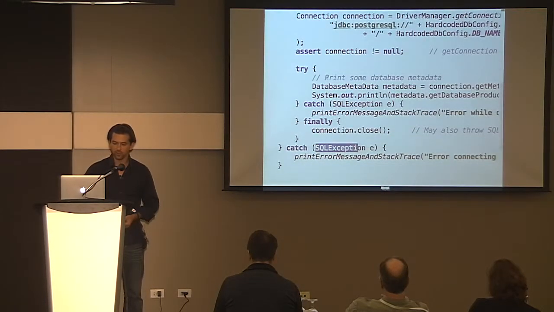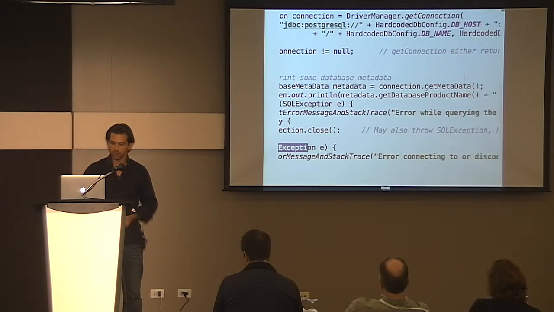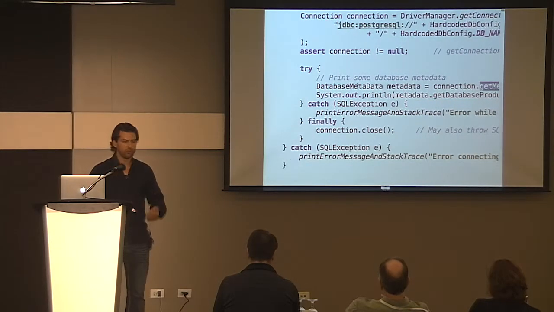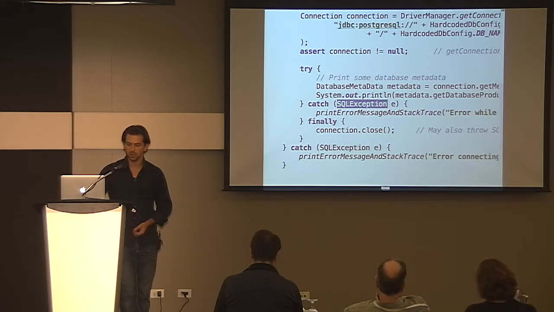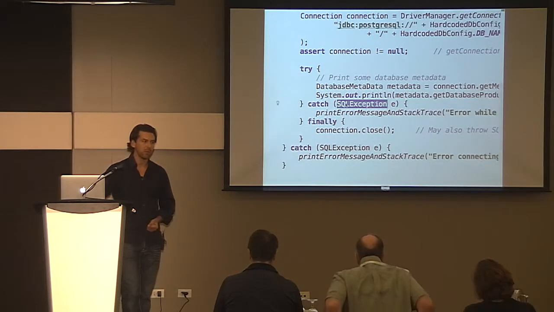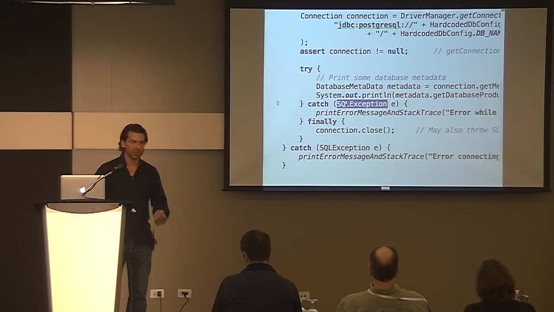And then if we look at internal operations, we were connecting to the database and getting some metadata. But that operation can also throw a SQL exception, so we need to catch that exception too. And this situation may be way different from the connection exception.